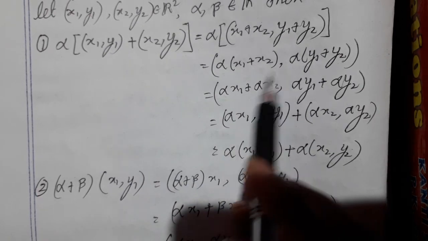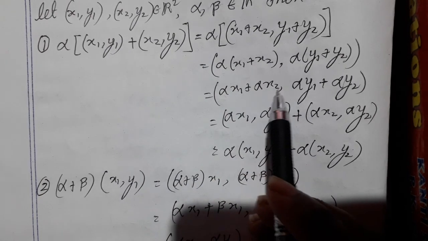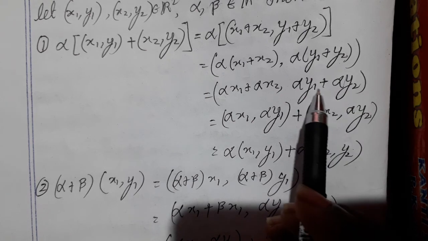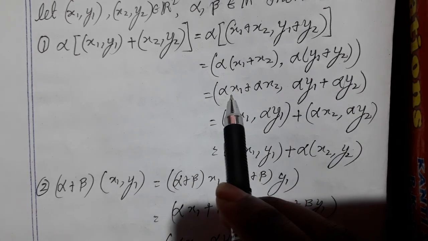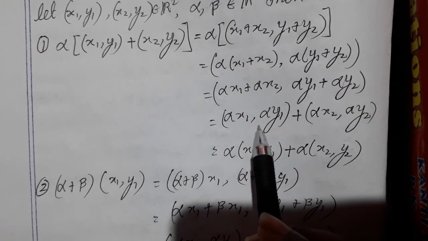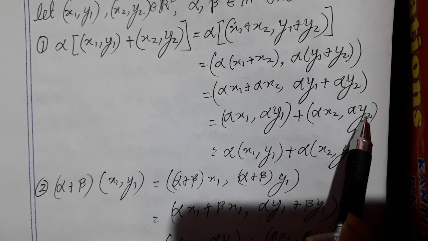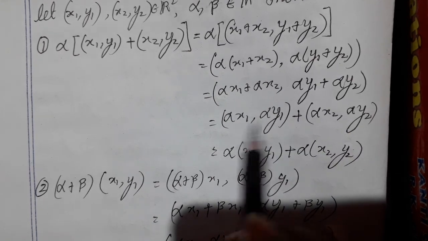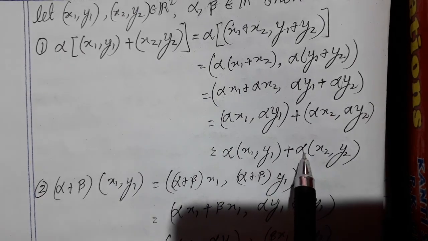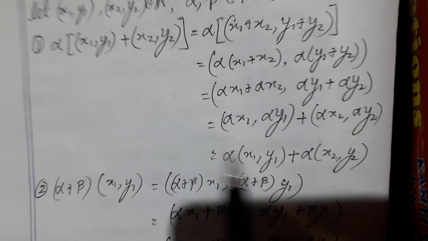Now you can multiply throughout: alpha x1 plus alpha x2, alpha y1 plus alpha y2. So this can be written as (alpha x1, alpha y1) plus (alpha x2, alpha y2). From here I can take alpha common, and from here also I can take alpha common. So we have proved this.